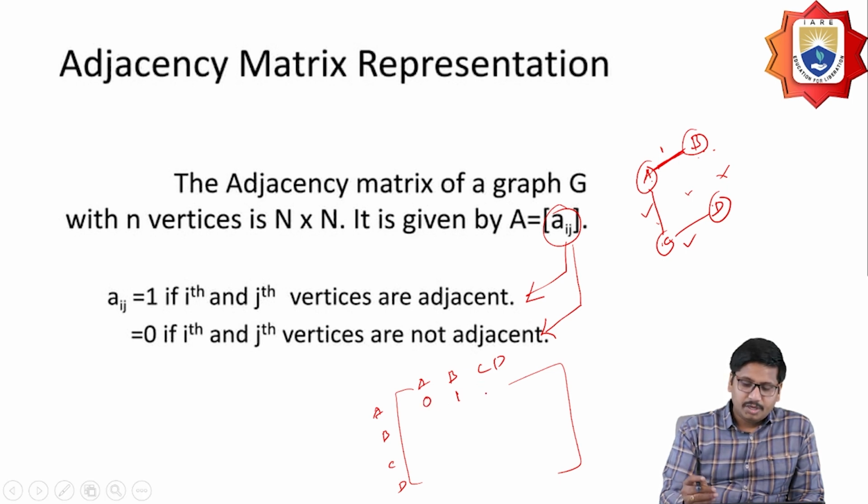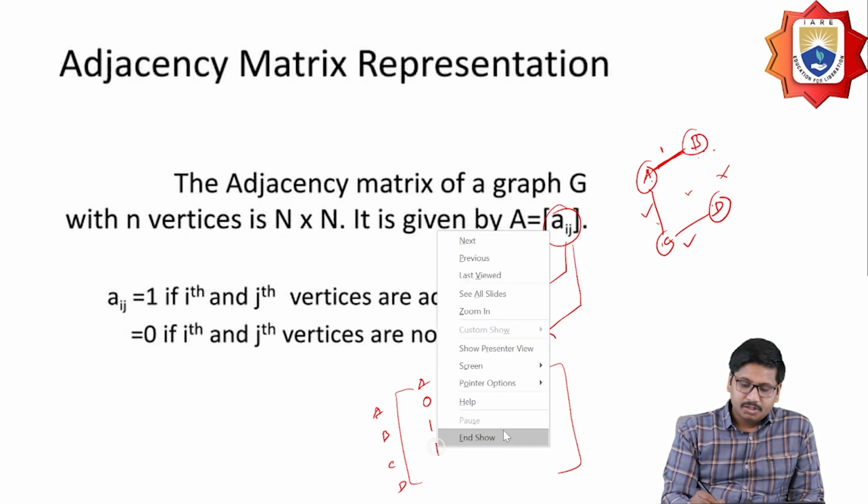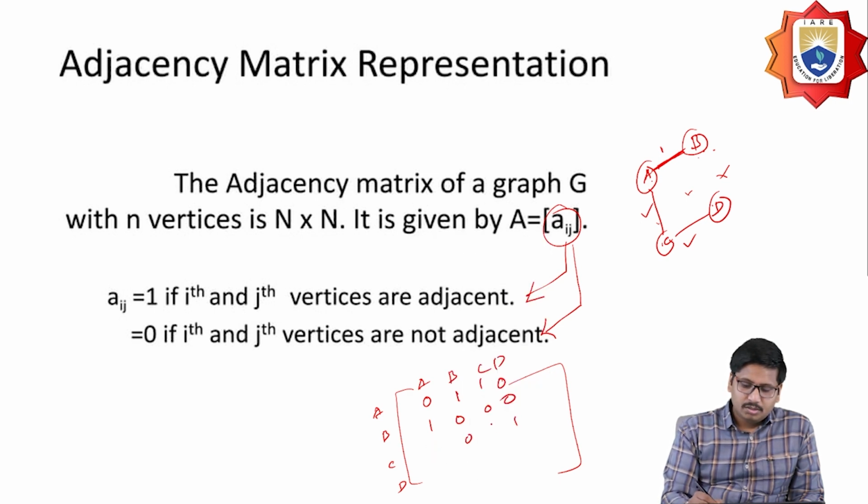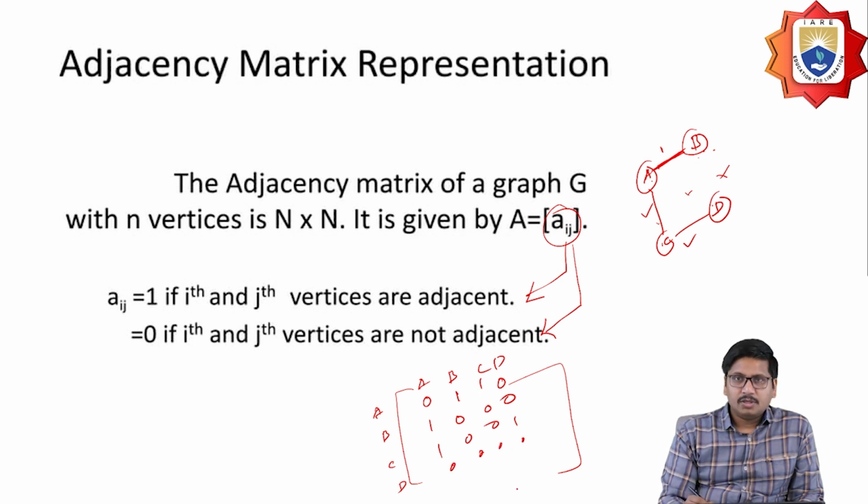There is an edge from A to C since A and C are adjacent, and similarly from B to A, 1, B to C, otherwise remaining all 0, and C to A, C to D, and D to C, 1. So like this, the values are going to be represented.